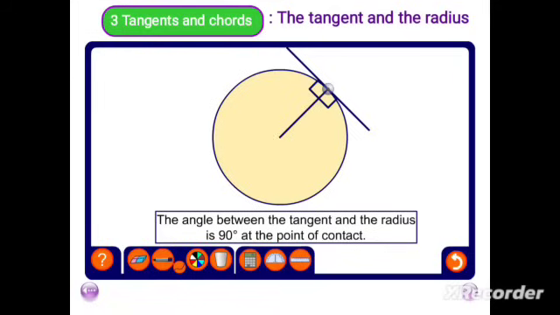So where the radius of the circle meets the tangent, at the point of contact on the circumference of that circle, it will be 90 degrees, or they meet at a right angle.